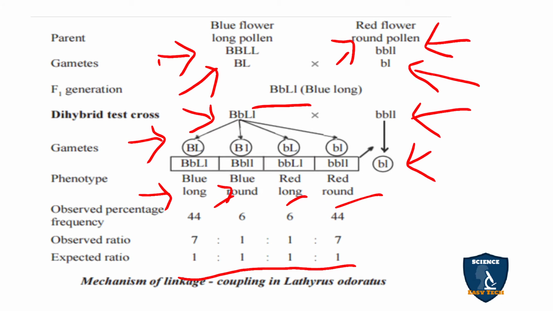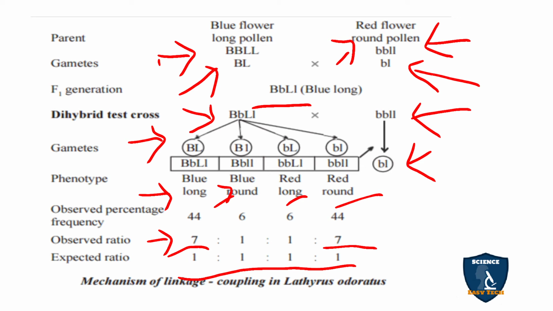Instead of that, you are getting the ratio as 7 blue long to 1 blue round to 1 red long to 7 red round. The 7 blue long and 7 red round are the parental combination.